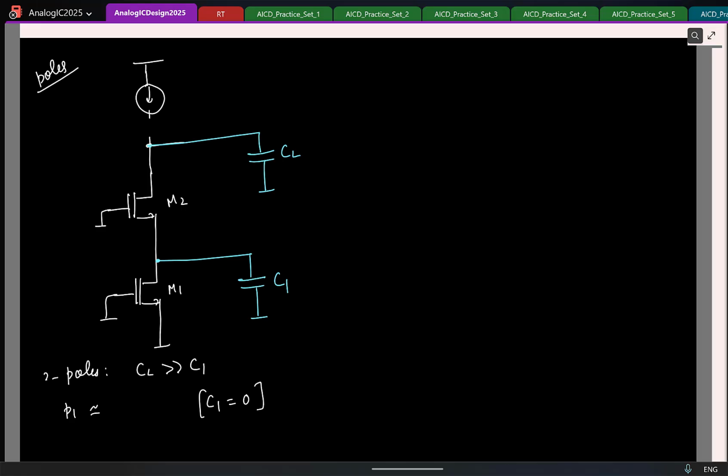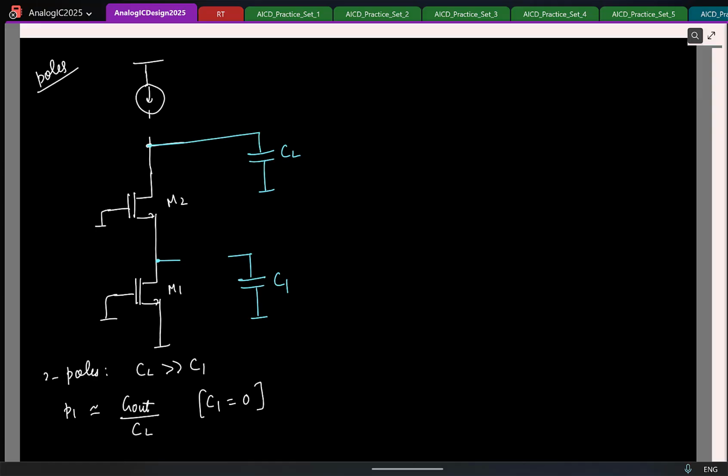So which means the pole location is 1 by the capacitance times the resistance it sees, and we are computing the resistance here when C1 is open. So what is the resistance looking here? gm2 ro2 times ro2. So I'll write it directly: it is the output conductance by CL.